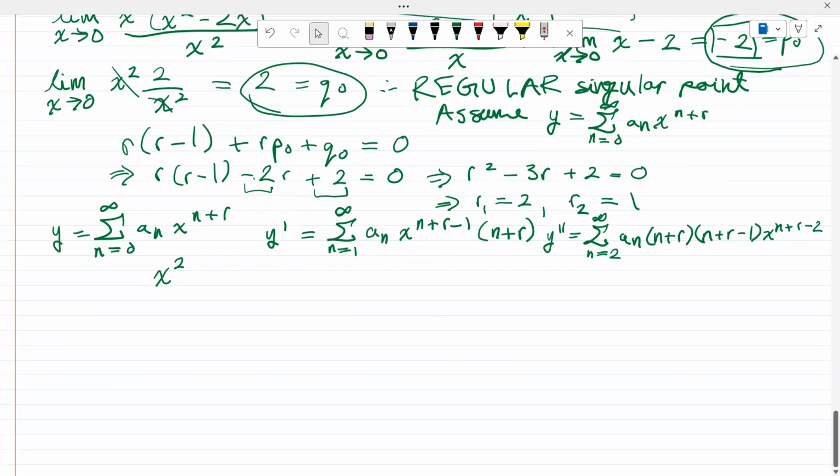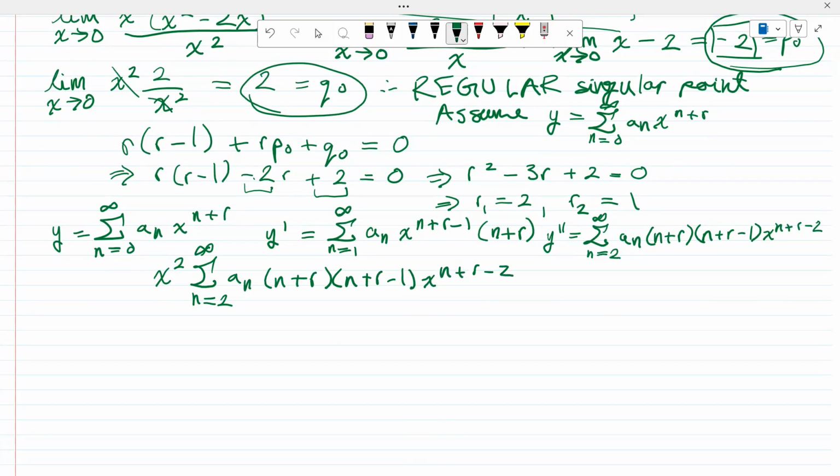I kind of need to rush through this because there's so much content. So then we have x squared times this expression right over here, n plus r minus 1 x to the n plus r minus 2.